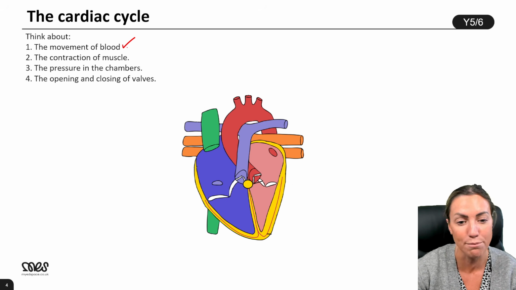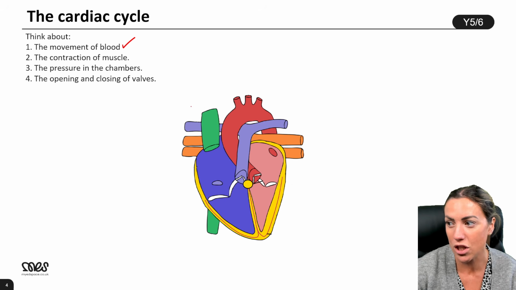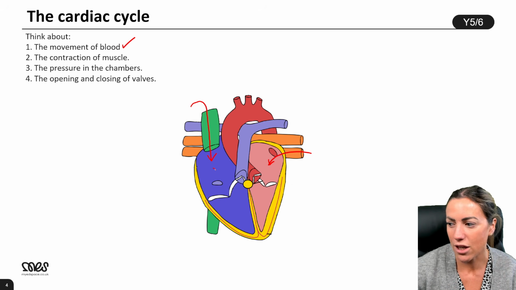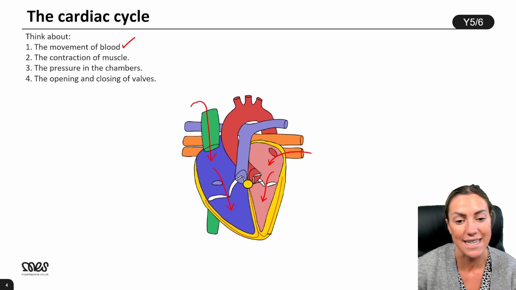Let's do the movement of blood first. So blood is going to flow into the atria. Remember, this is happening simultaneously. So blood flows into the atria. It's then going to flow through the atrioventricular valves into the ventricles when those valves are open.